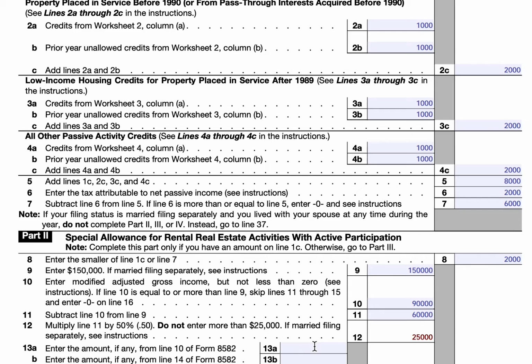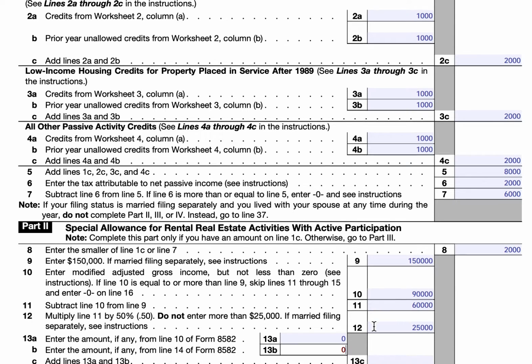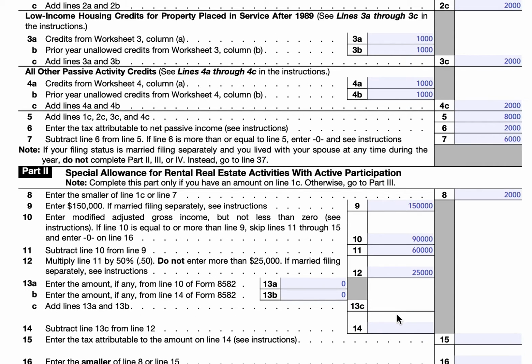If we had items from IRS Form 8582, either on line 10 or line 14, we would enter them here. For the sake of this discussion, because you can't see this form, we're going to enter zeros here. Then we're going to combine those zeros and subtract that entire amount from the $25,000.